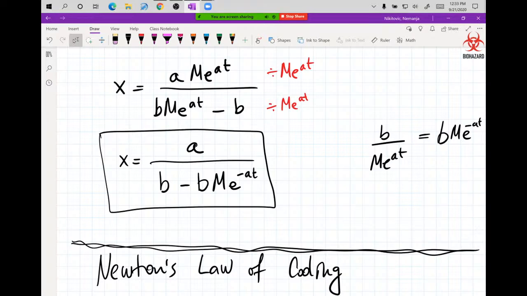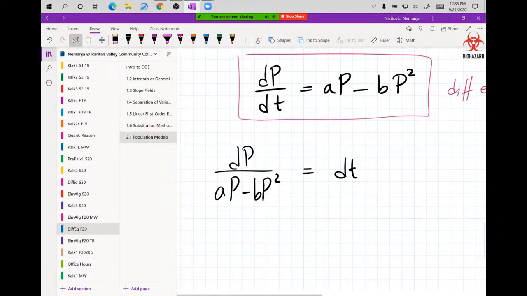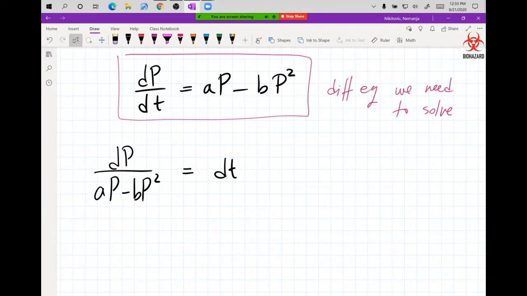I don't know if we want to do this and waste time. I mean, this is the class. There is nothing else in it. You learn logistic population, then we talk about the limiting capacity for the population for any species.